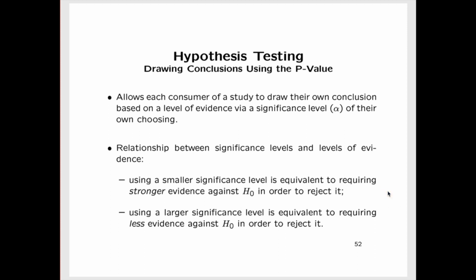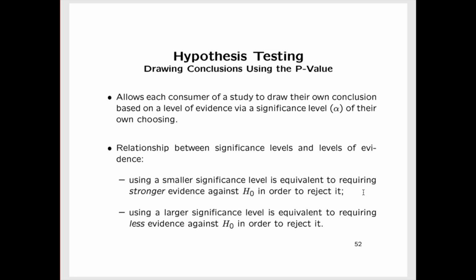And so when you're doing research, you come up with some results and you write up those results in a research article. You may choose to use a 0.05 level of significance in order to determine whether or not the results are significant. Now, a reader of your paper may require more evidence than you, and to do that, they would use a smaller significance level.